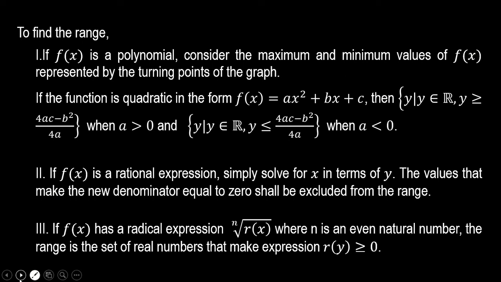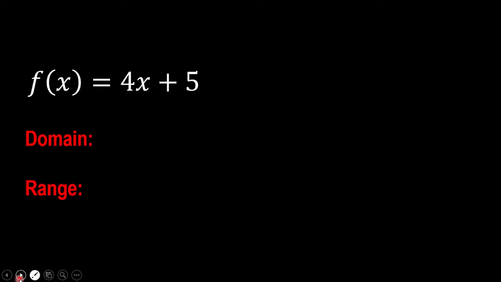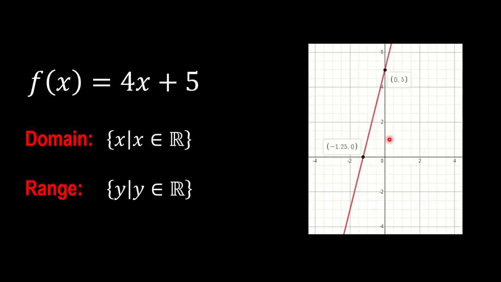Okay, given this, let's try to identify the domain and range of the following functions. We have the function 4x plus 5. If we graph this, we will have this.